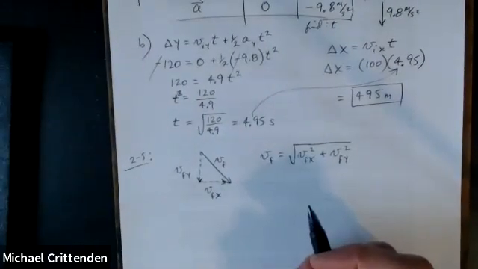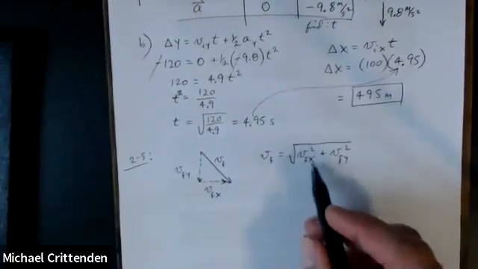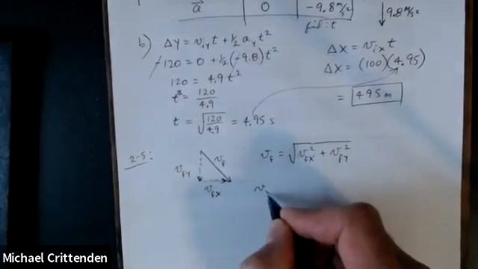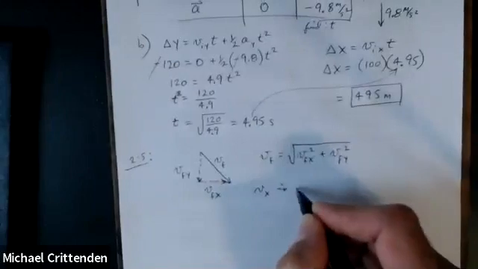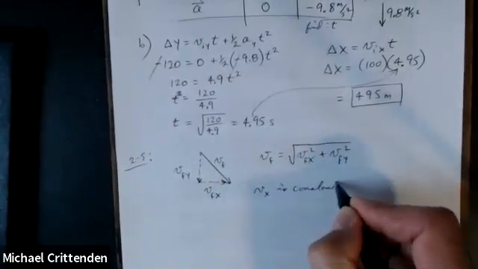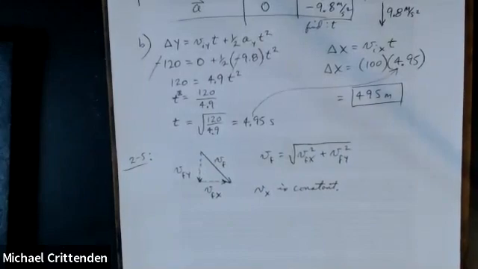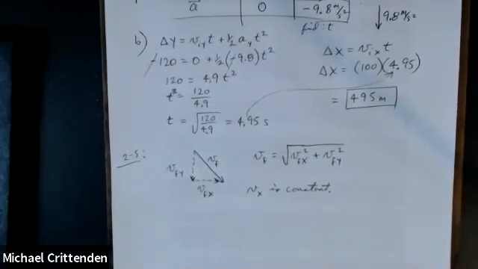And for the x component, a frictionless projectile maintains a constant speed in the x direction.